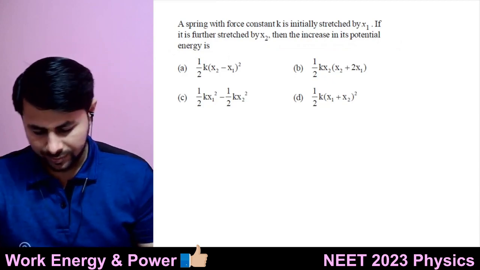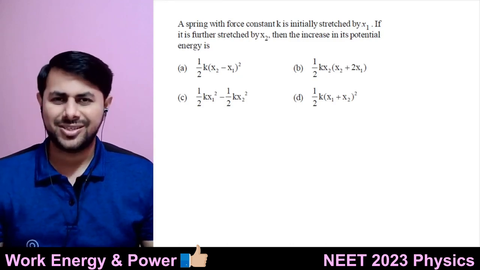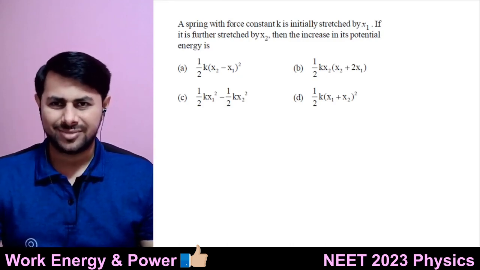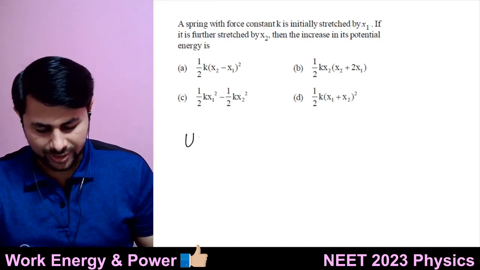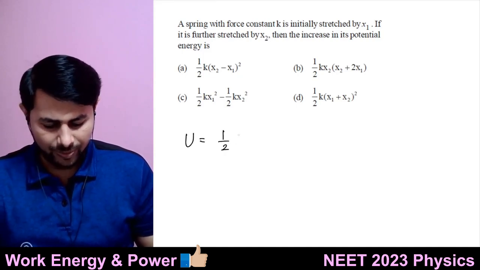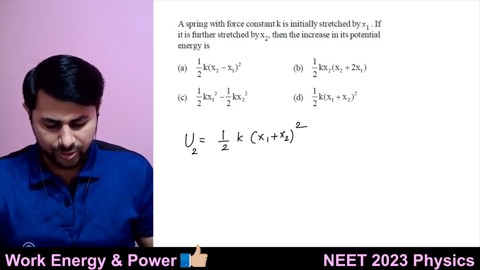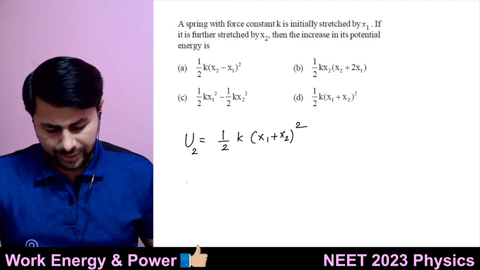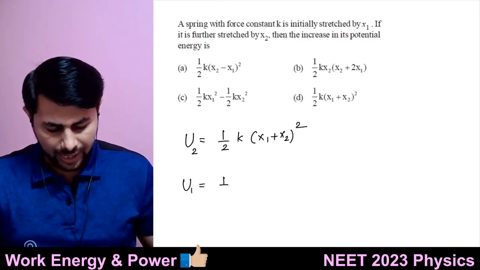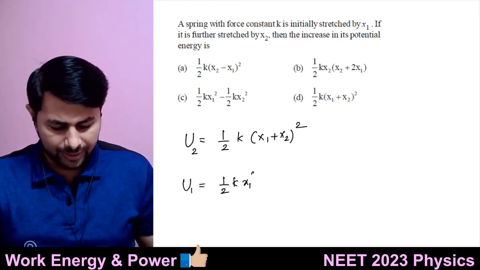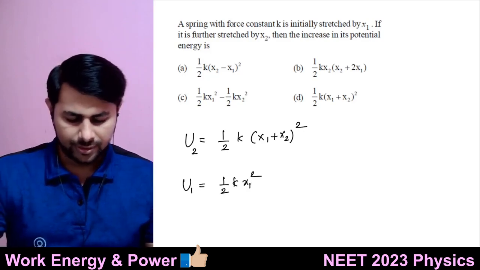So what will be the total stretching? x1 plus x2, right? So final potential energy can be written as half of k multiplied by the total stretching, (x1 plus x2) square. This is, suppose, U2. And U1 can be written as half of k multiplied by x1 square, right?